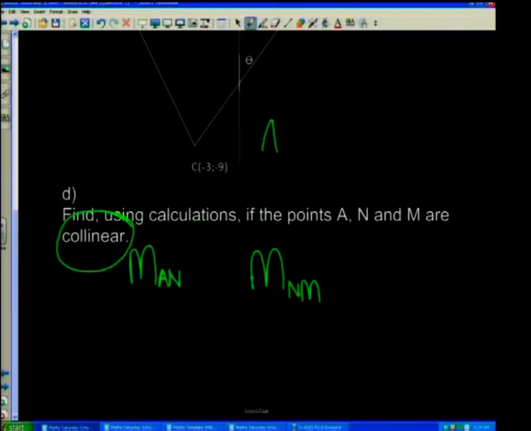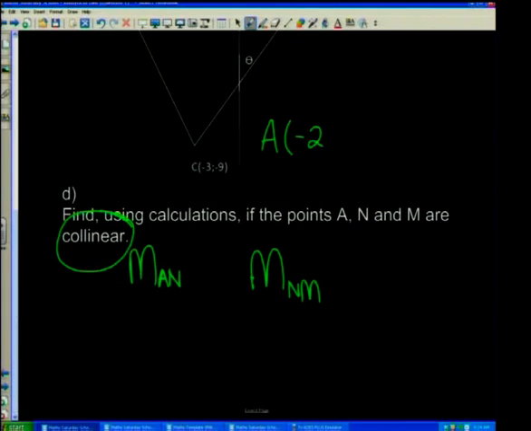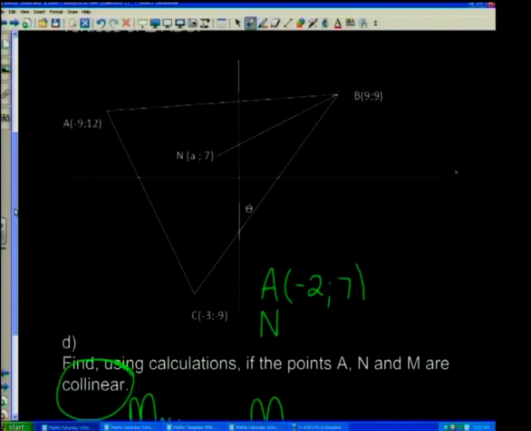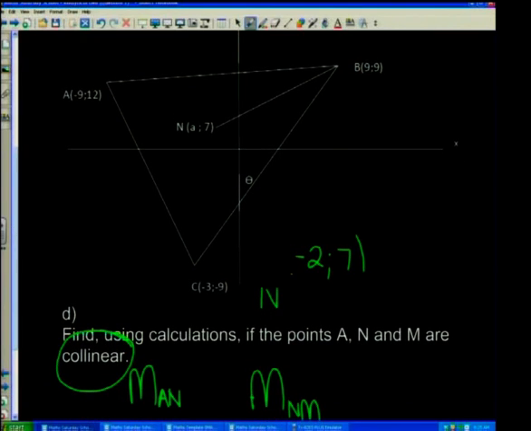Point A, coordinates of A, let's just quickly write them down again. A was negative 2 and 7. That was proven earlier. Point N, sorry, let's just rewrite that.